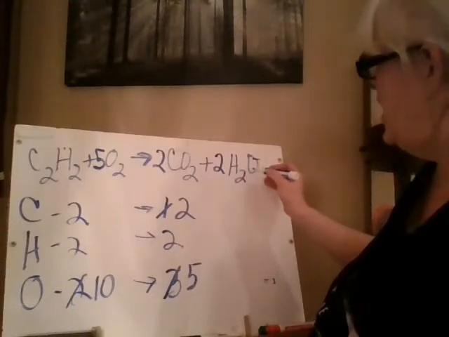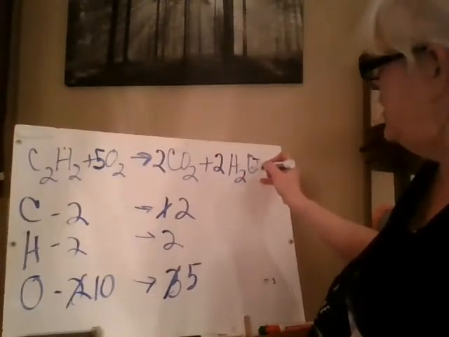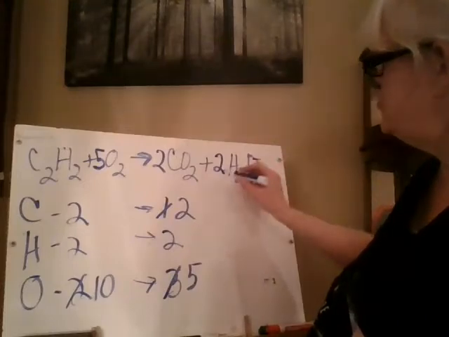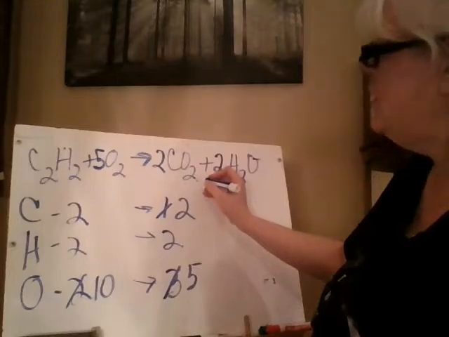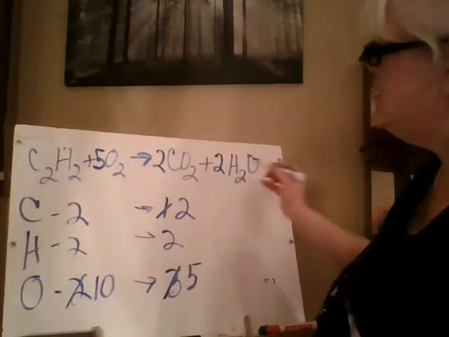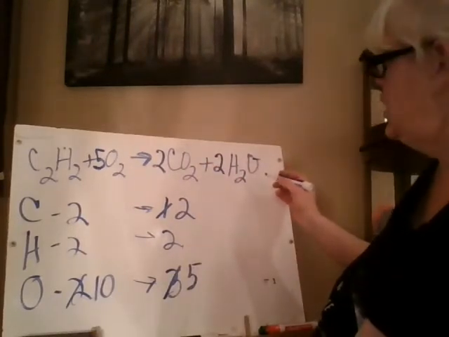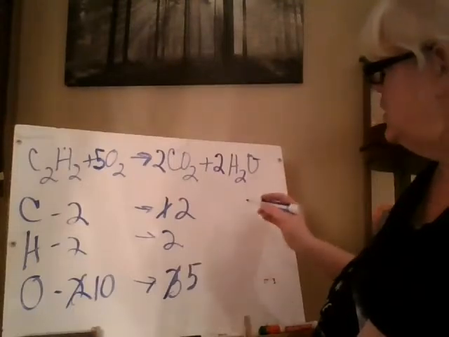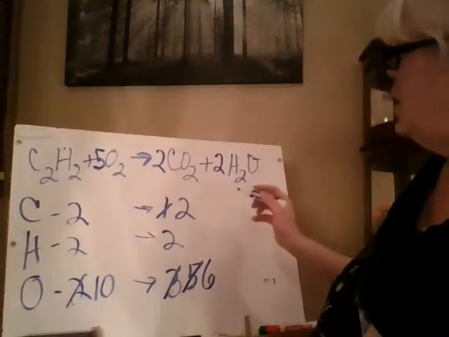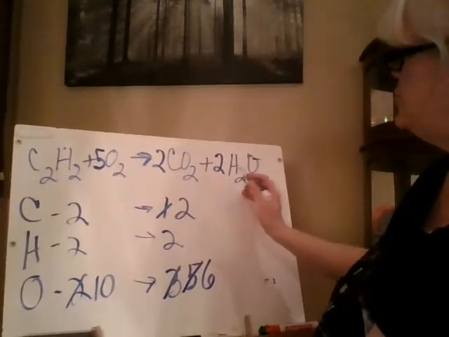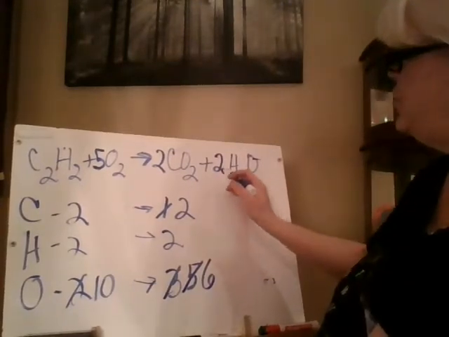So if I do that, then that'll make this oxygen 2 of them. What I have here is 4, so that's only 6. But let's go ahead and change that. Oxygen goes to a 6. And then because I changed the coefficient, I have to take my H's, 2 and 2.